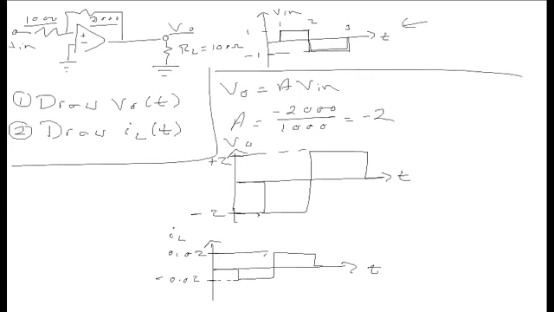Now this leads us to an important question. Where does IL come from? Let's redraw the circuit, and what I'm going to do is put in those currents.